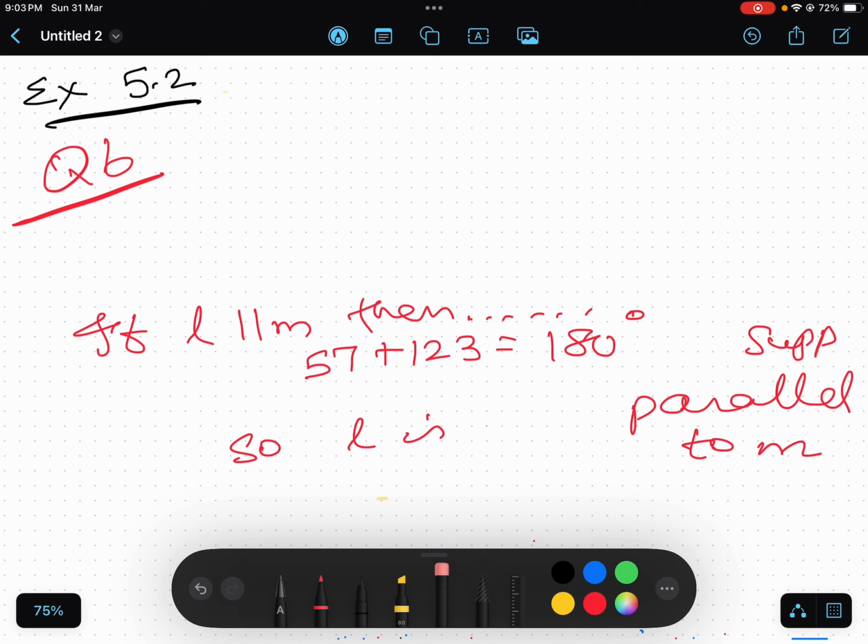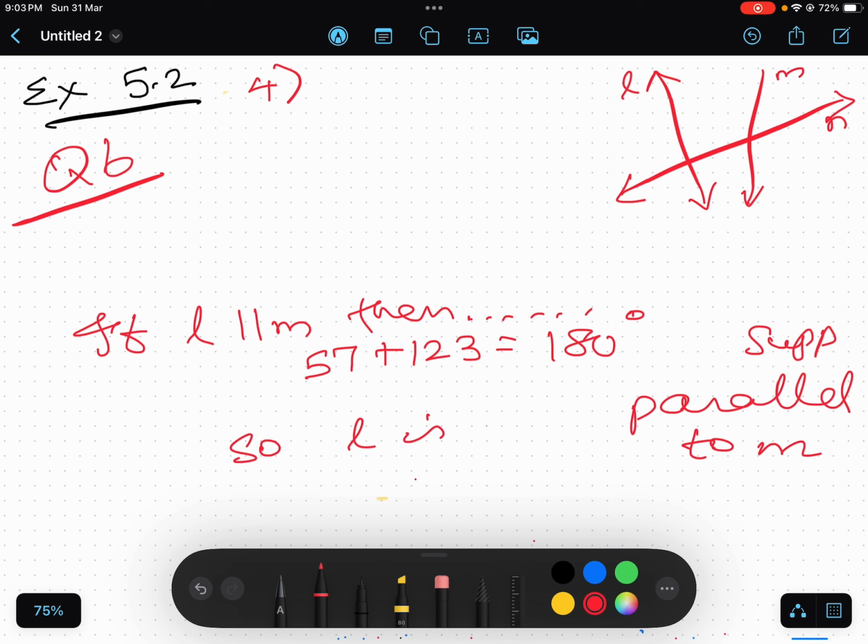So part 4 is, the figure is given like this. So L, M, and this is N. And this is given as 98 degrees. Which one? This one is 98 degrees, and then this is 72. Again mark this angle as A. So A will be equal to 72 degrees because they are vertically opposite angles.